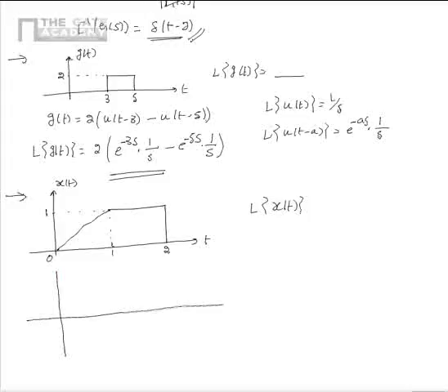From the given x of t, we can say that x of t can be written as the sum of three functions which are as shown in the figure. One is a unit ramp input which can be written as t into u of t.